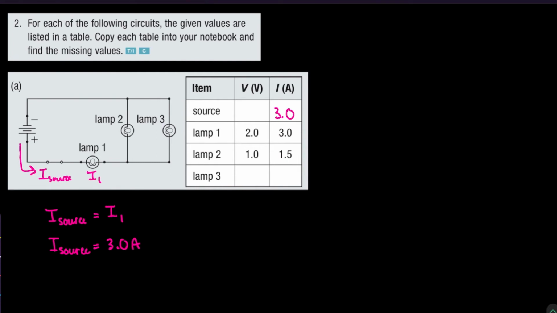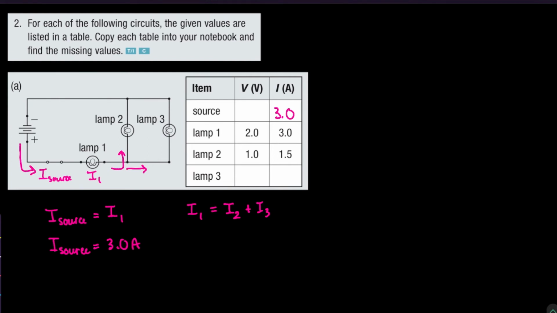And as the current continues to travel, it meets a junction, so the current is going to split. And this means that the current of I1, because it splits, it should be equal to the sum of the current that went to lamp 2 plus the current that went to lamp 3.